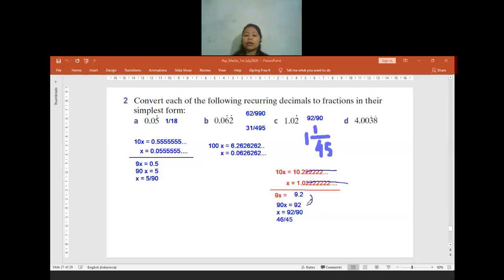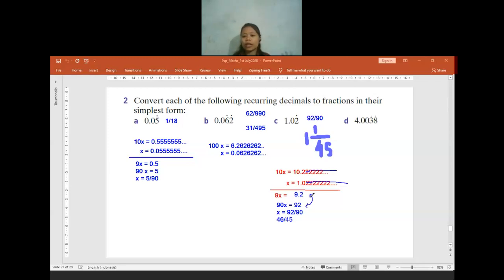And this has one decimal digit, right? To cancel the decimal place, I can make the 9.2 into a whole number by multiplying it by 10, it becomes 92. On the right side I multiply it by 10, so I have to be fair. So the left side, I have to multiply it by 10 also. That's why it becomes 90. Understand, teacher.